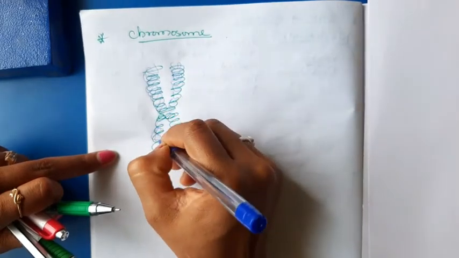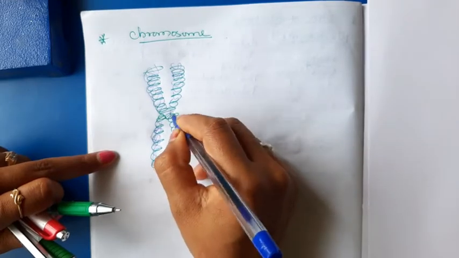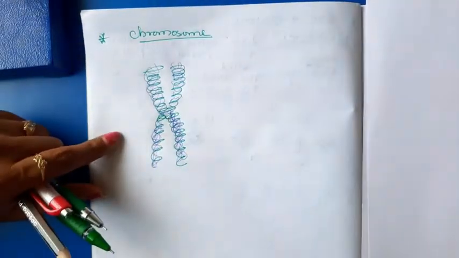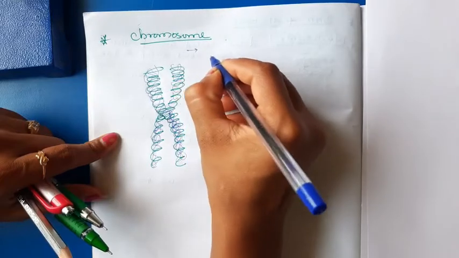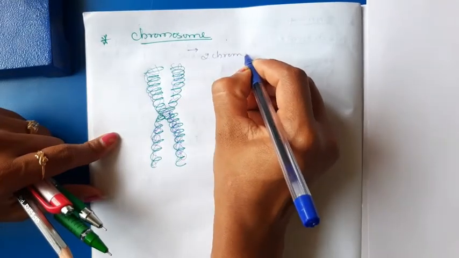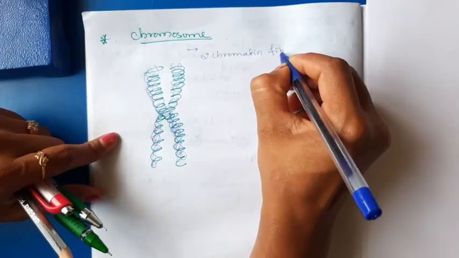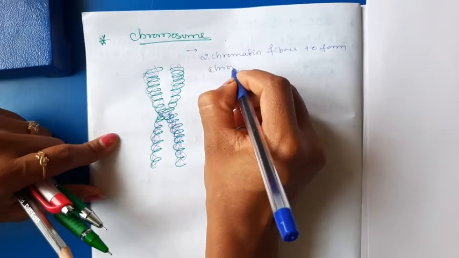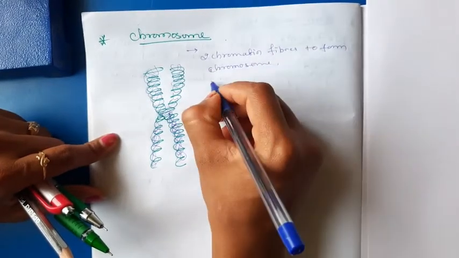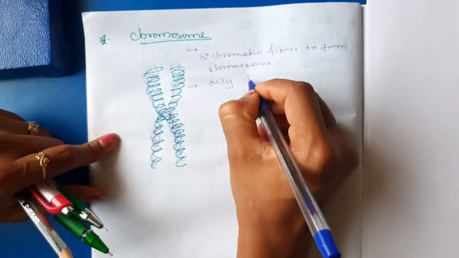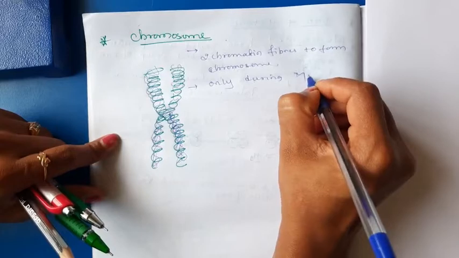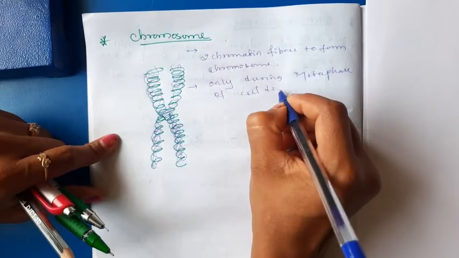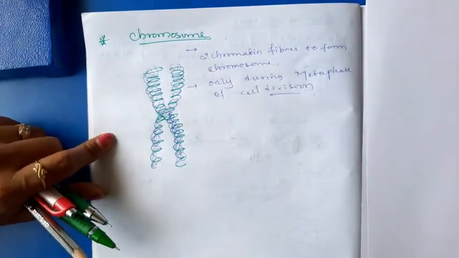The two chromatin strands bind to form a fully condensed structure, that is the chromosome. Chromosome we can see only during metaphase of cell division. Okay.